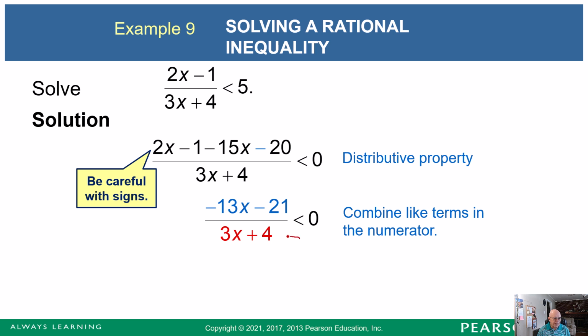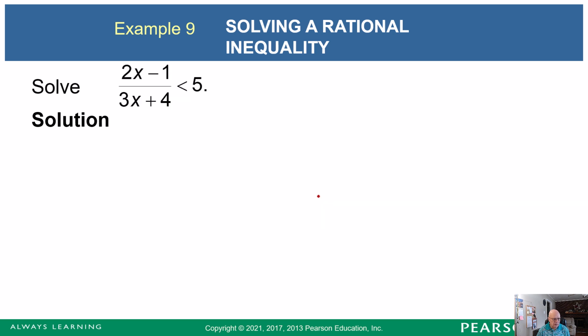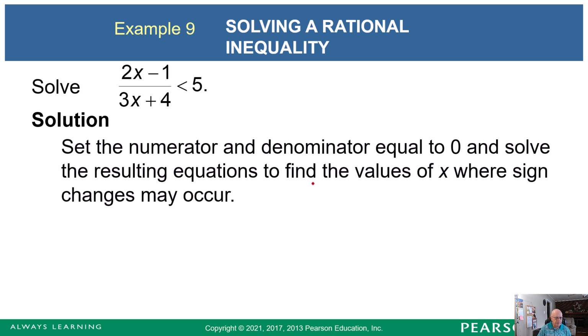Now you're going to get a 0 from here and a 0 from here. Remember, zeros from here you cannot use, zeros from here you can use. Set the numerator and denominator equal to 0. You're using zeros from the numerator, not using zeros from the denominator.